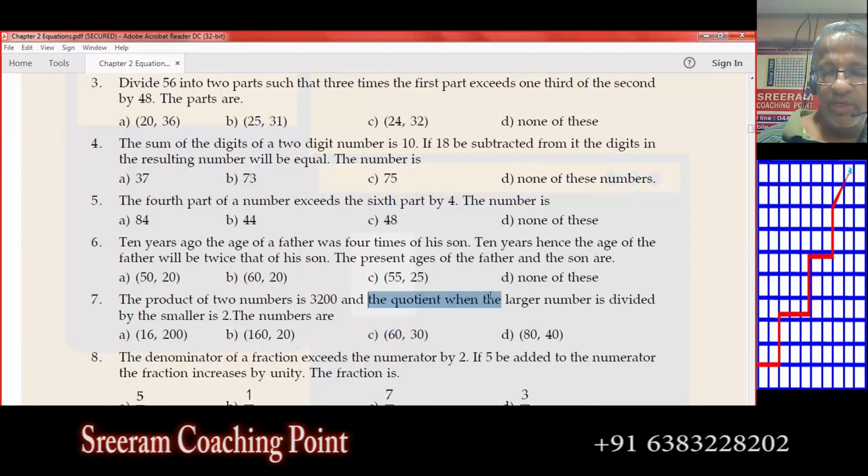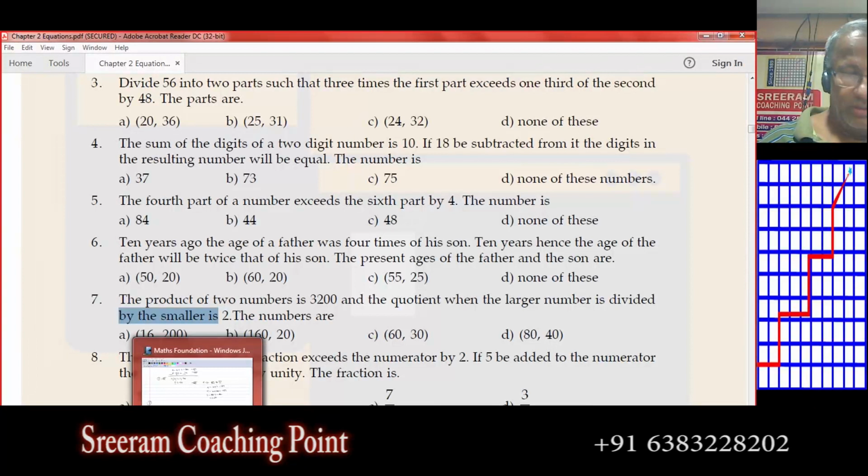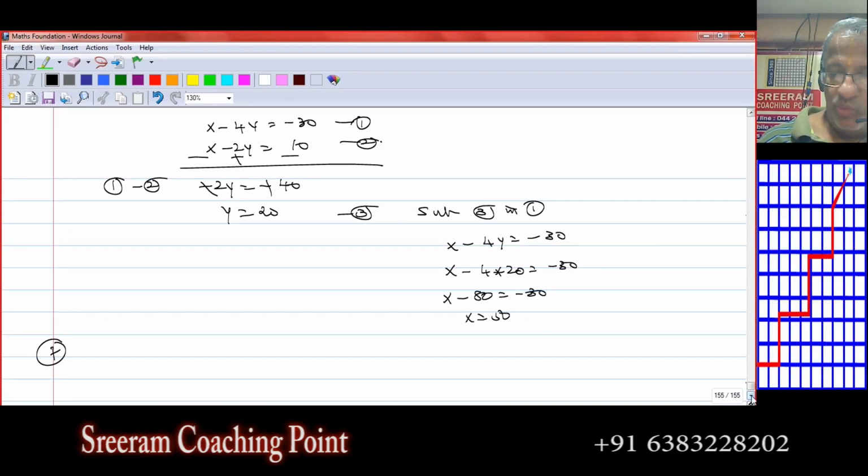The quotient when larger number is divided by a smaller number is 2. That means it should be twice. Smaller number should be half of the bigger number, or you can say smaller number multiplied by 2 is bigger number. So it is 80, 40 is what we have got to understand.